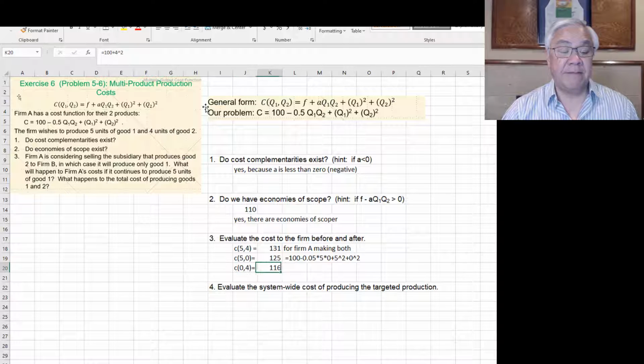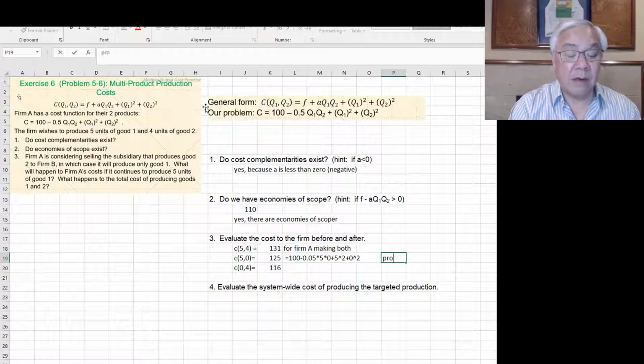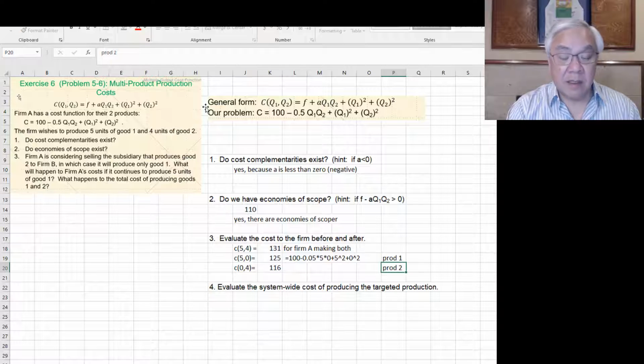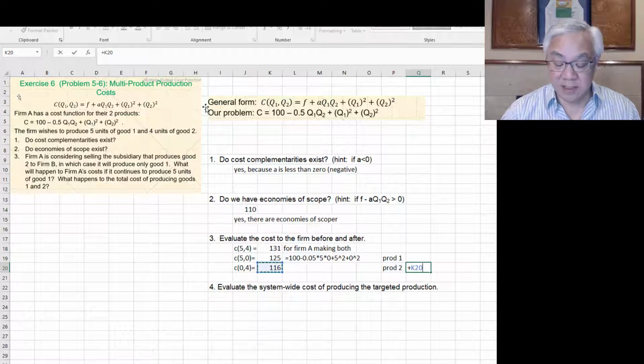So it's 116. Now we see that the total, so this is for making product 1, and this is making product 2. So the total cost is equal to the sum of 116 plus 125.